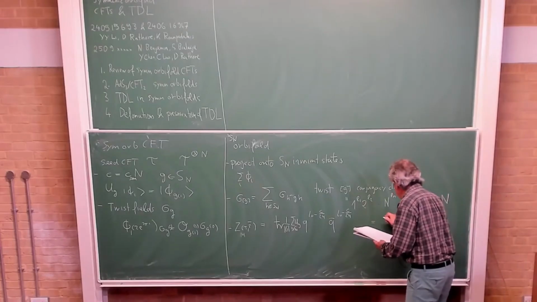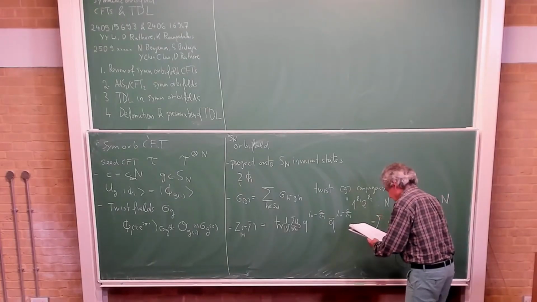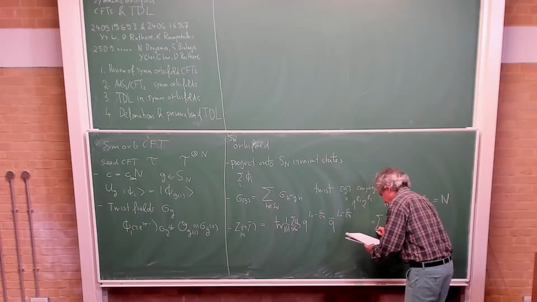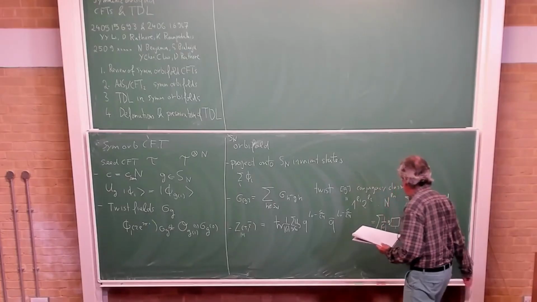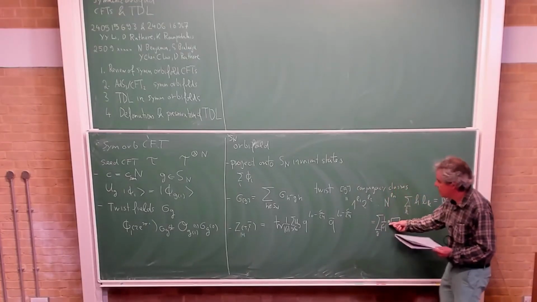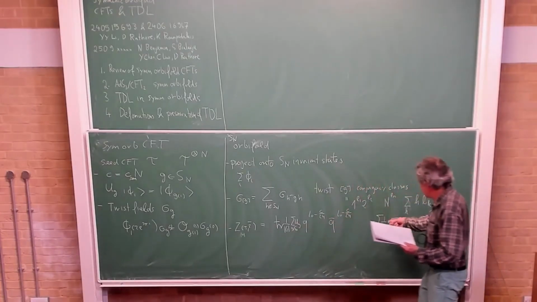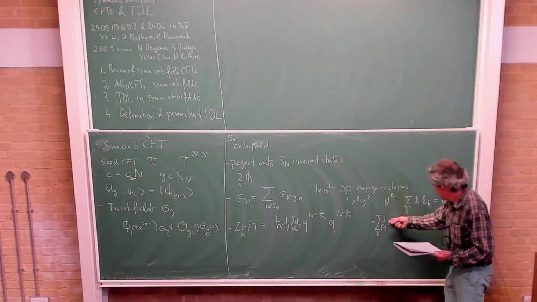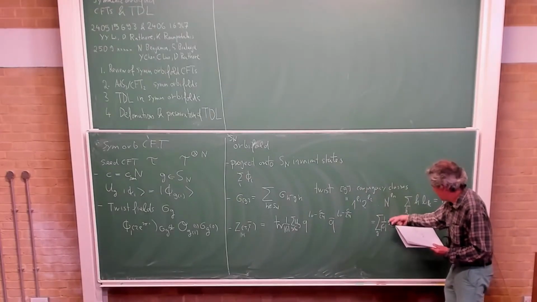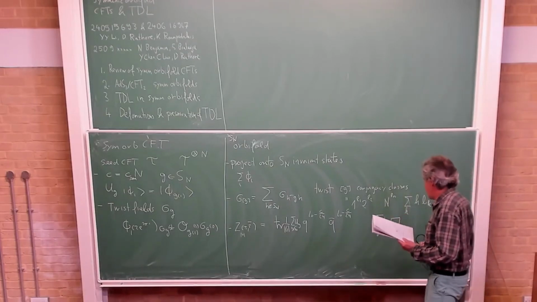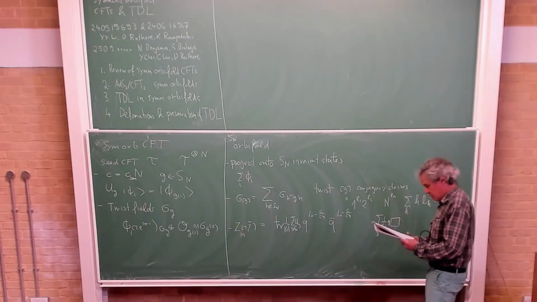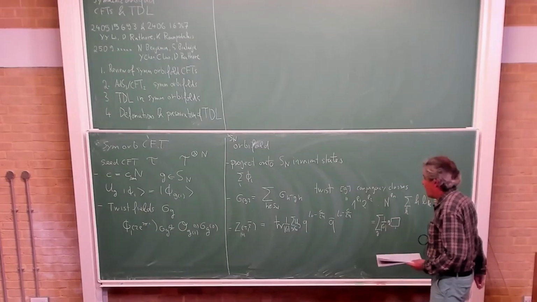And here in this notation, I can put in a G, denoting the action, and that is actually what Sora said in his class. You can think of this as an operator acting on the Hilbert space on the torus.